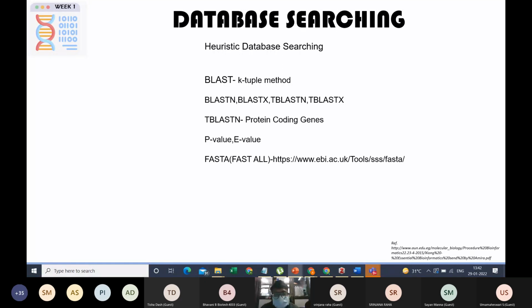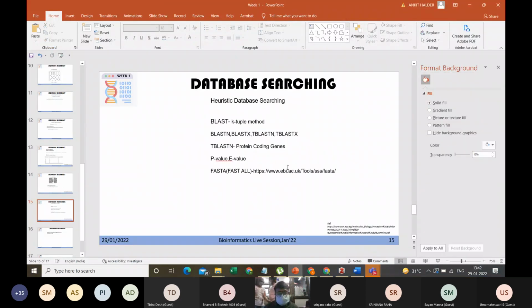So the lower the e value, the more confident we are of the alignment, and it is not by chance. We have to remember the e value should be low. So let us perform BLAST to see.